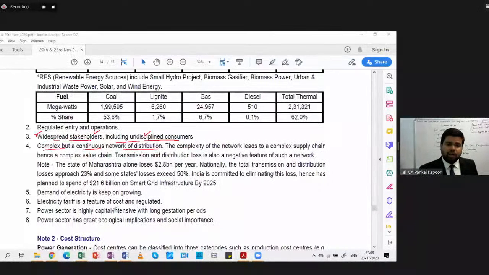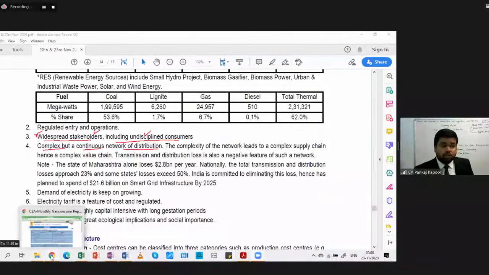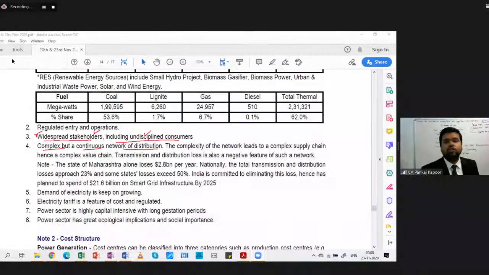You might be aware that the distribution system is supported by the transmission system, because the power which is distributed to your house is not of high voltage. It is of controlled voltage. So firstly, the power is generated.